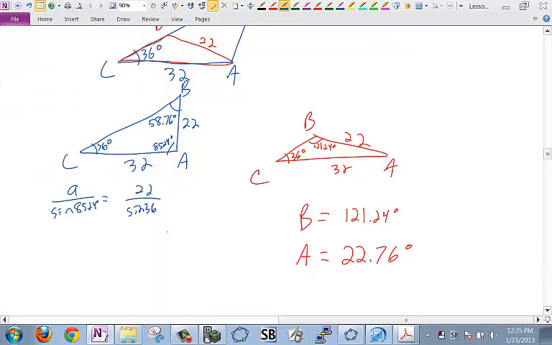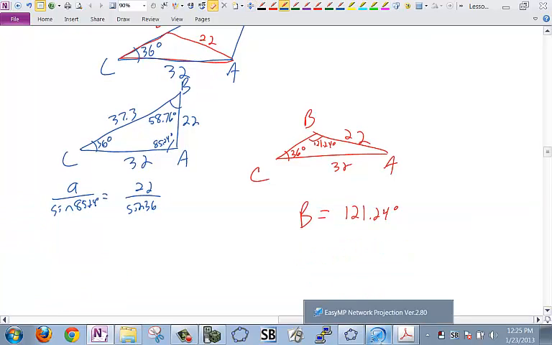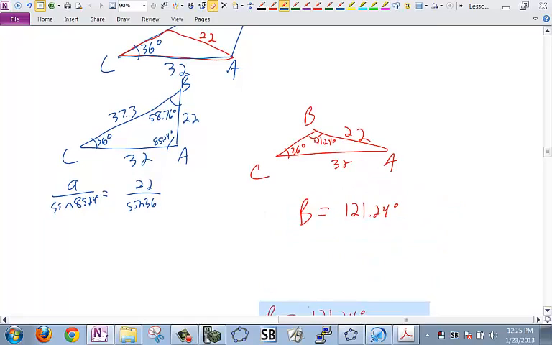So 37.3, and then in red, alright, I guess we're done.